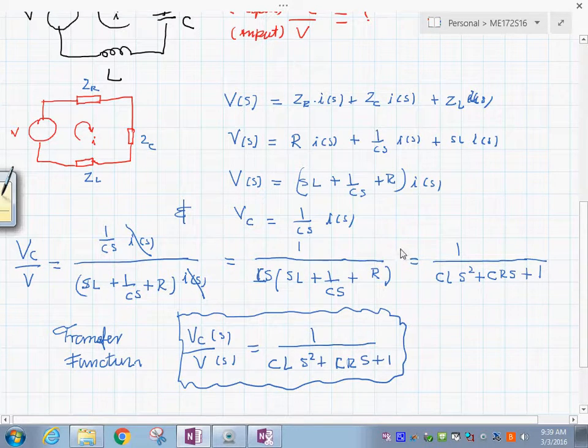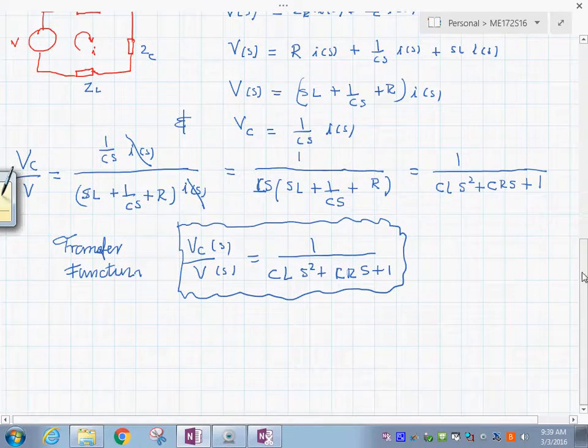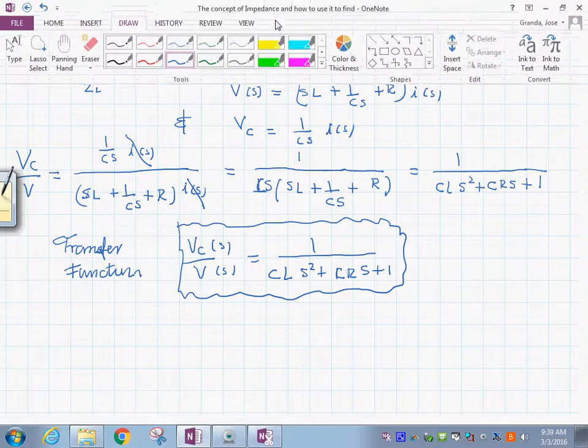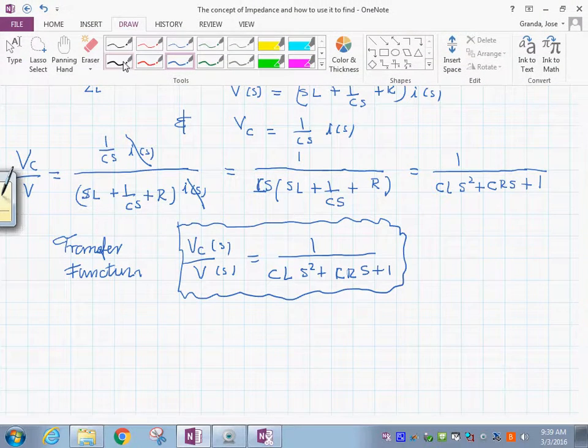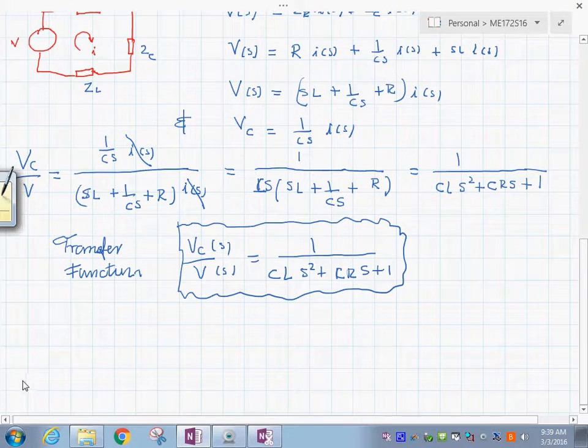Here you had the capacitor, and then we have the inductor on the bottom. Then you put another resistor here, and you put a capacitor over here, like that.